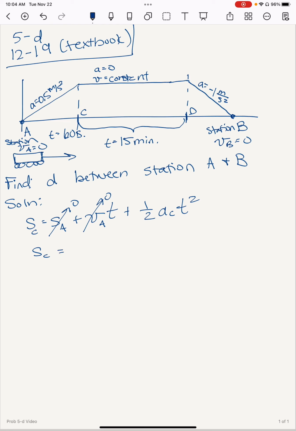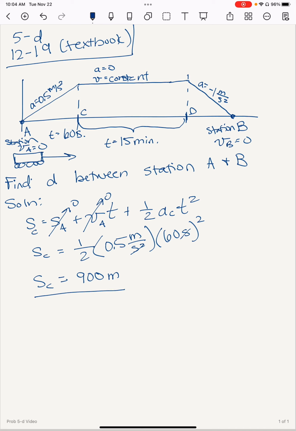So the position at C equals 1/2 times 0.5 meters per second squared times time squared, which is 60 seconds squared. Doing it on my calculator, that is 900 meters, because we had per second squared and then seconds squared. So S at C is 900 meters.